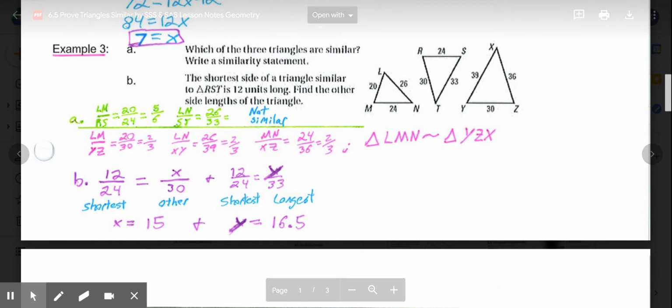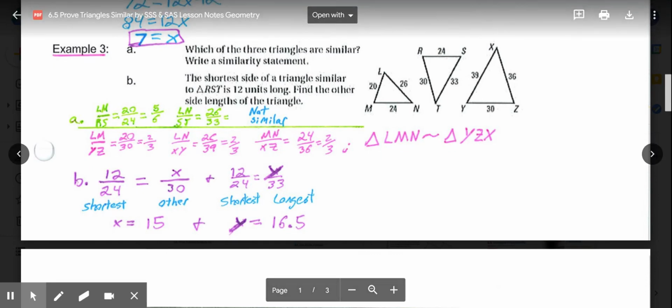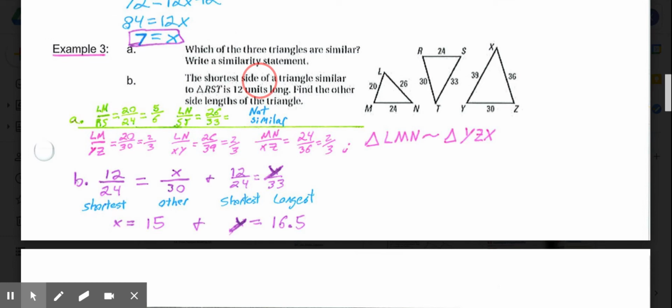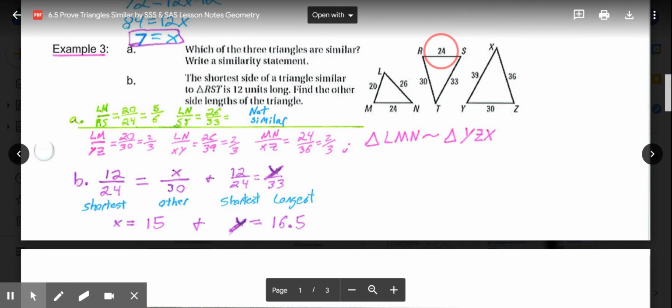Then in part B, the shortest side of a triangle similar to triangle RST is 12 units long. Find the other side lengths of the triangle. We knew the shortest side was 12 units, and the shortest side of RST is RS here, 24.